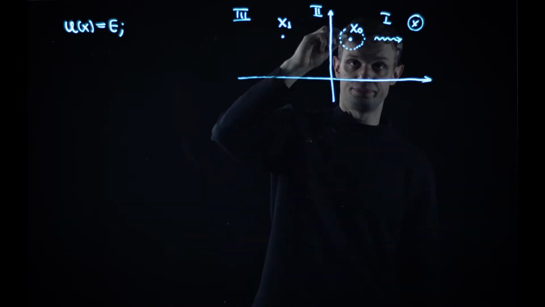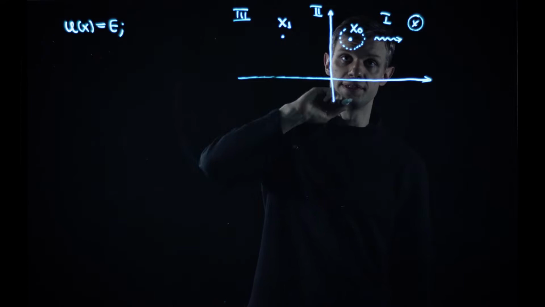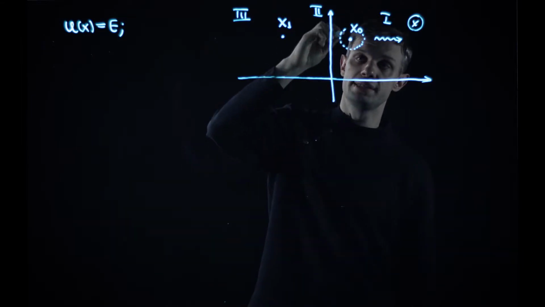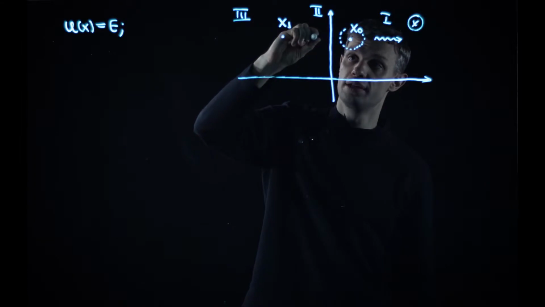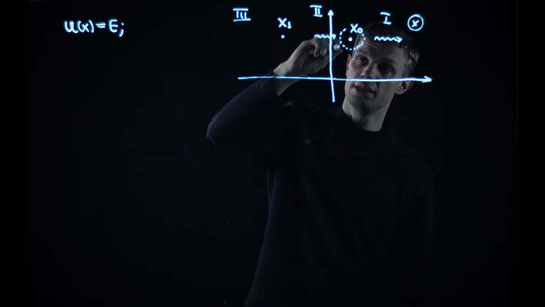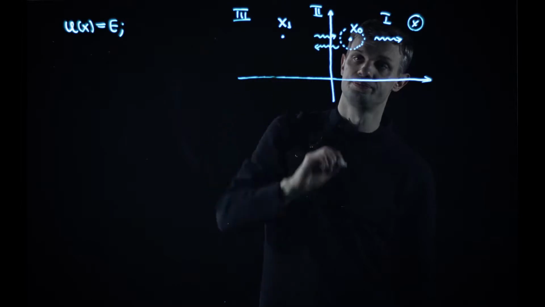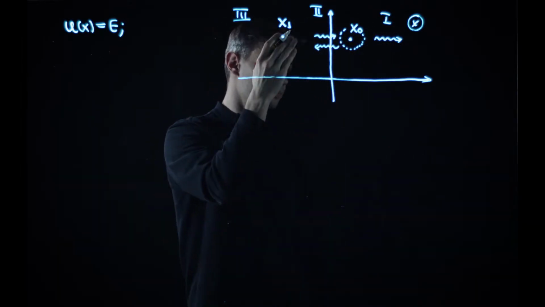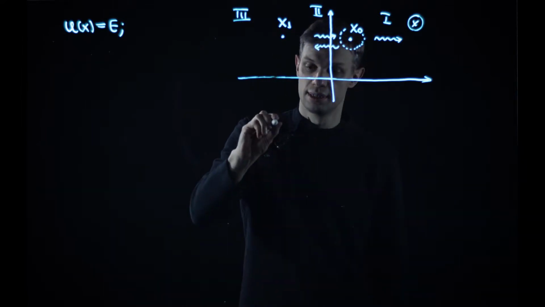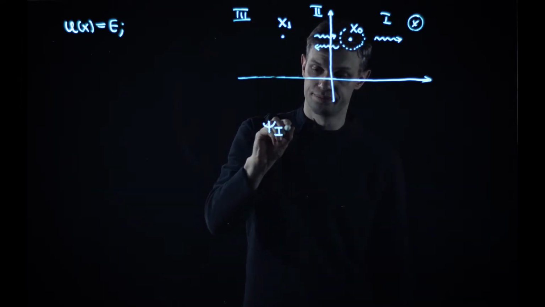Now, as you remember, we can solve the Schrödinger equation in the vicinity of this x0 point, and the result is that here, to the left of this x0 point, we have the incident wave and the reflected wave. And we can write down the corresponding amplitudes, match them with semi-classical ones, and here they are.